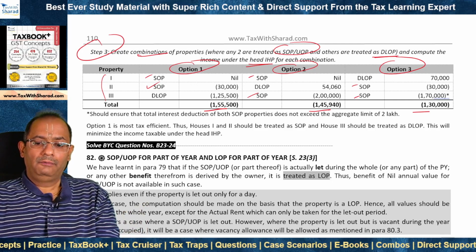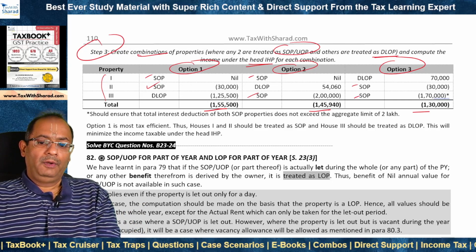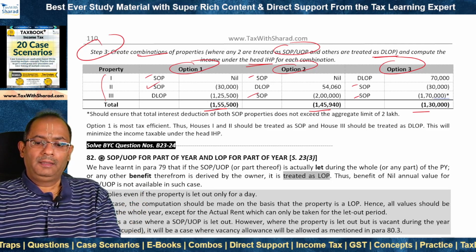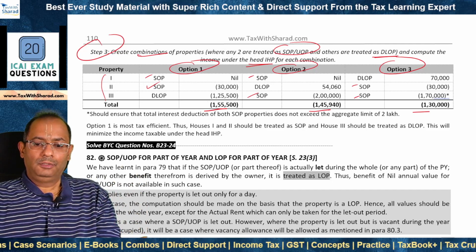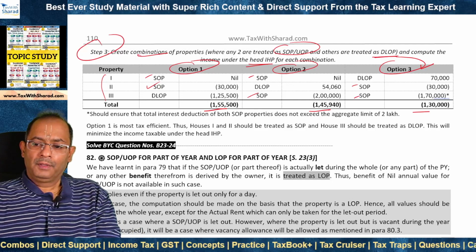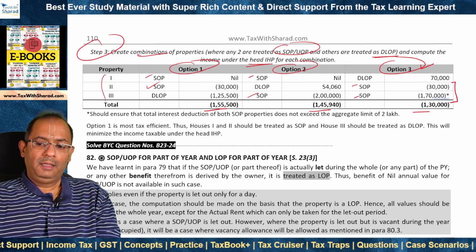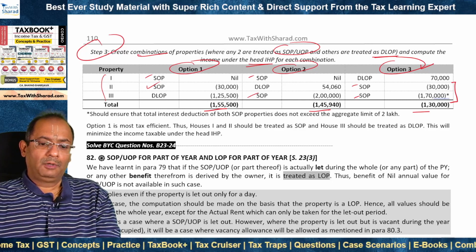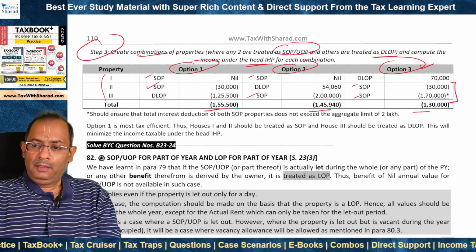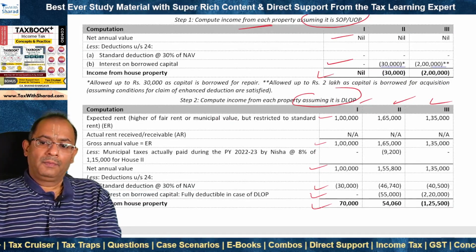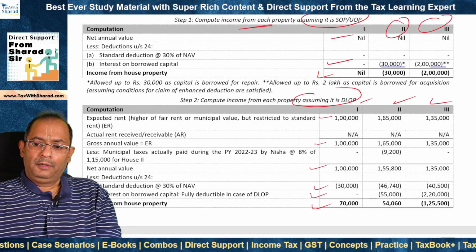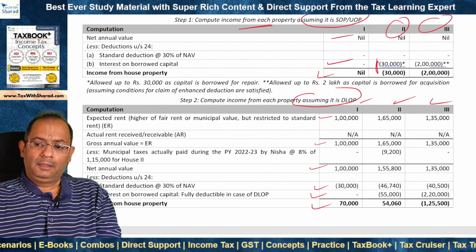And as we noted above, we need to ensure that when we are allowing the deduction on account of interest for SOP, that should not exceed the limit of 30,000 or 2 lakh as the case may be. So for example, if you look at option 3, and you look at the SOP, which was picked up as property 2 and 3, the amount of deduction for SOP for 2 and 3 was basically 30,000 and 2 lakh.